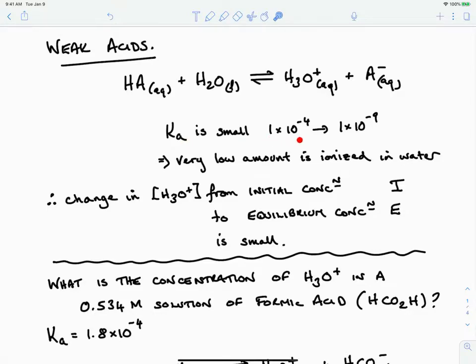And so the values for Ka are 1 times 10 to the minus 4 all the way down to 1 times 10 to the minus 9. And so this means that a very, very low amount is ionized in water.